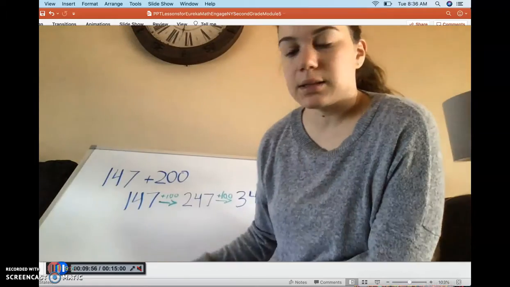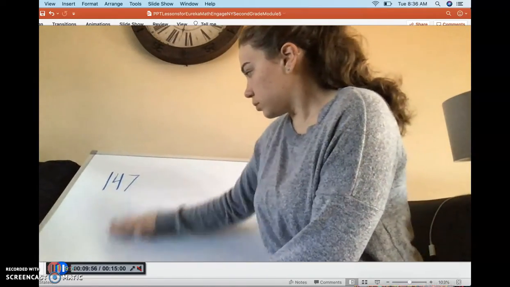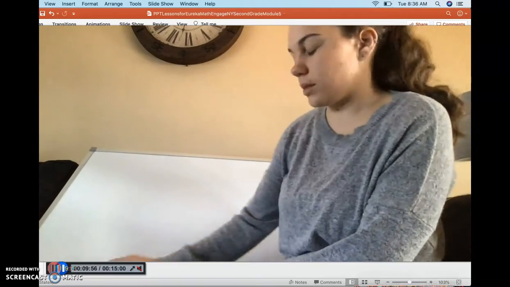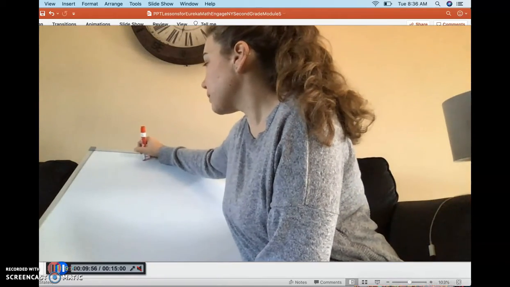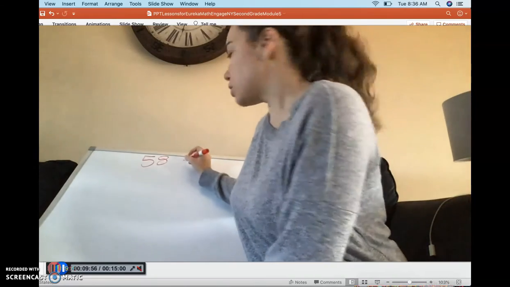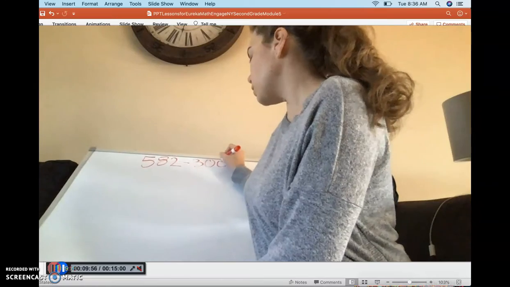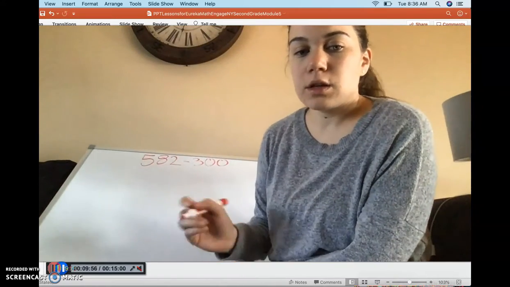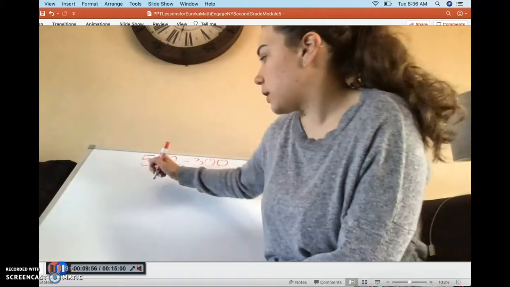Now we're going to move on to subtraction. So our problem is 582 minus 300. So we can do this several ways. Let's first do the place value chart.